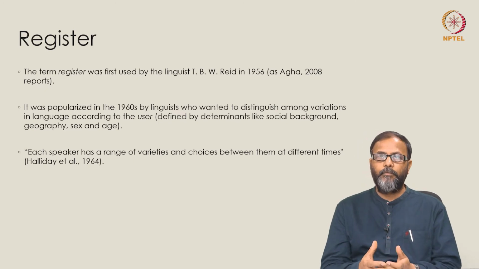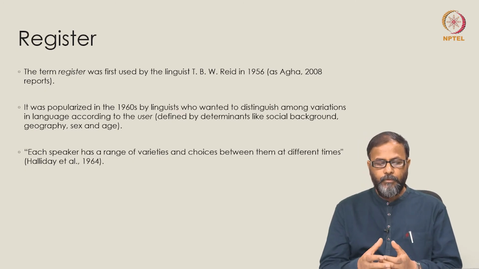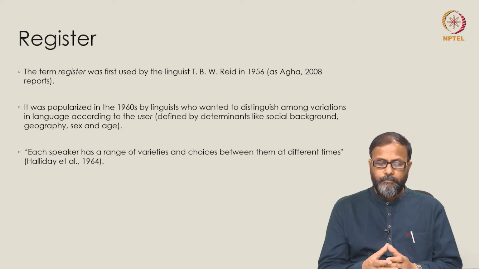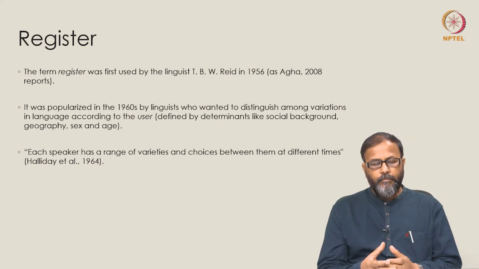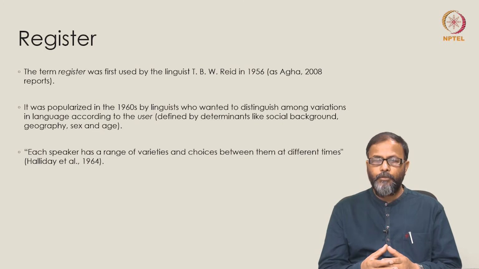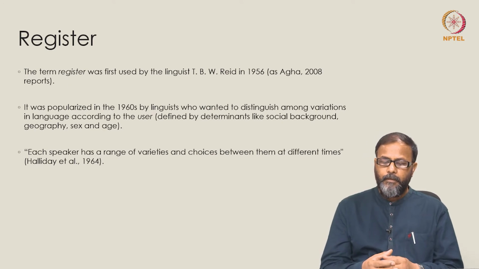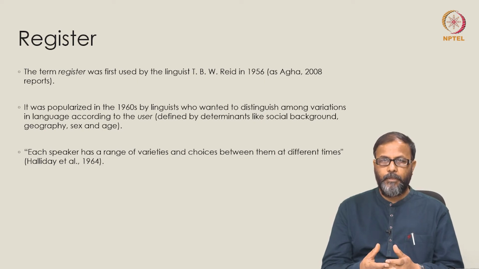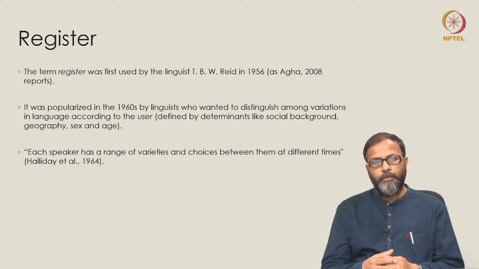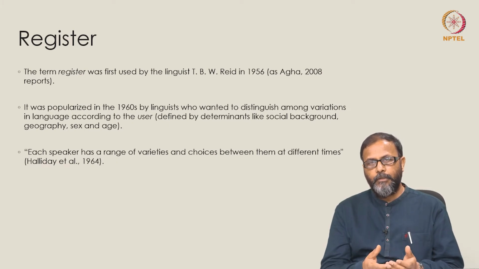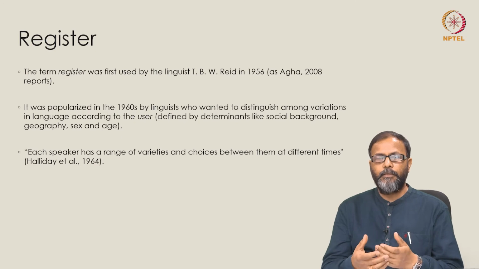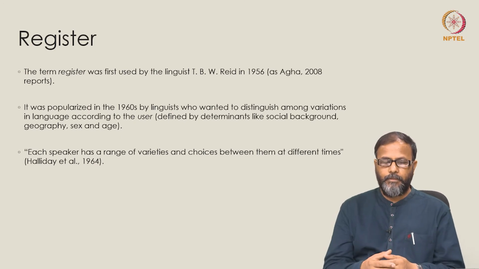They were trying to understand language variation according to the user, defined by social determinants like their social background, status, geographical location, sex and age. So, they wanted to see variations based on these determinants and this term became popular, register.